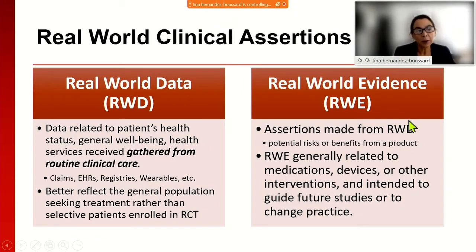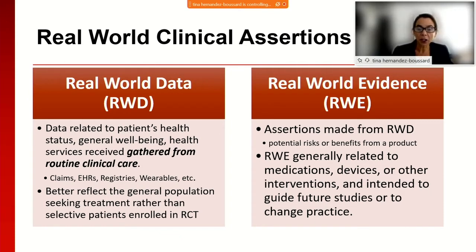I want to talk a little bit about the difference between real-world data and real-world evidence. Well, real-world clinical assertions are generated from evidence developed from real-world data. Real-world data is data related to the patient's health and health care. It includes information on their general health status, well-being, etc. And importantly, this information is gathered from routine clinical care.